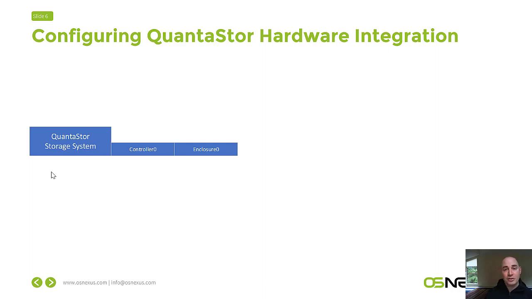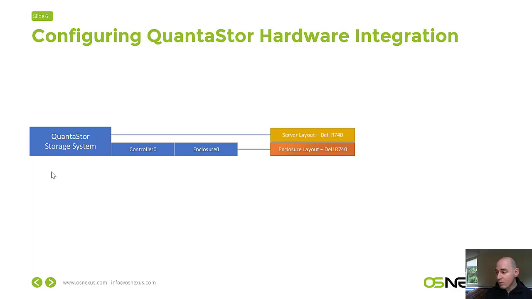So that could be an external enclosure like an external JBOD, or it could be an internal enclosure that's the front panel of that server, which might have 12 or 24 drive bays on it. QuantaStor associates what we call a server layout or an enclosure layout with each of those, one for the system and one for each enclosure that gets detected.